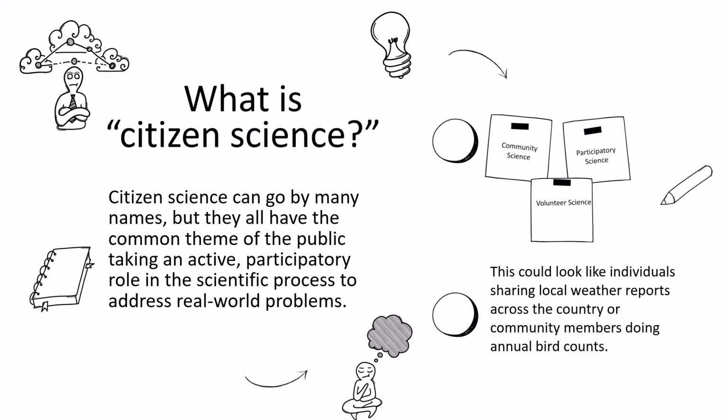This can look like individuals sharing local weather reports across the country, or a neighborhood experiencing flooding after storms and reporting their own observations and data. Many of these topics are things that people are experiencing in their local communities and issues that they can help to advance and support.